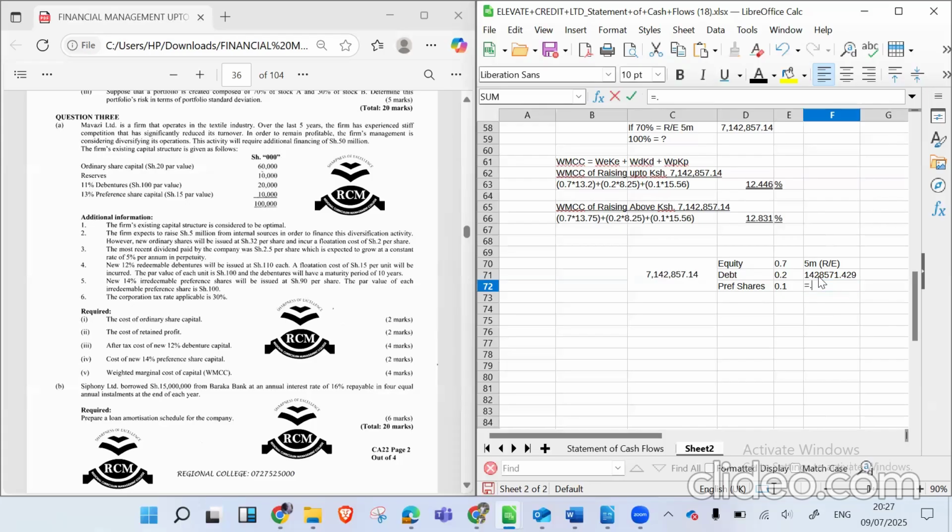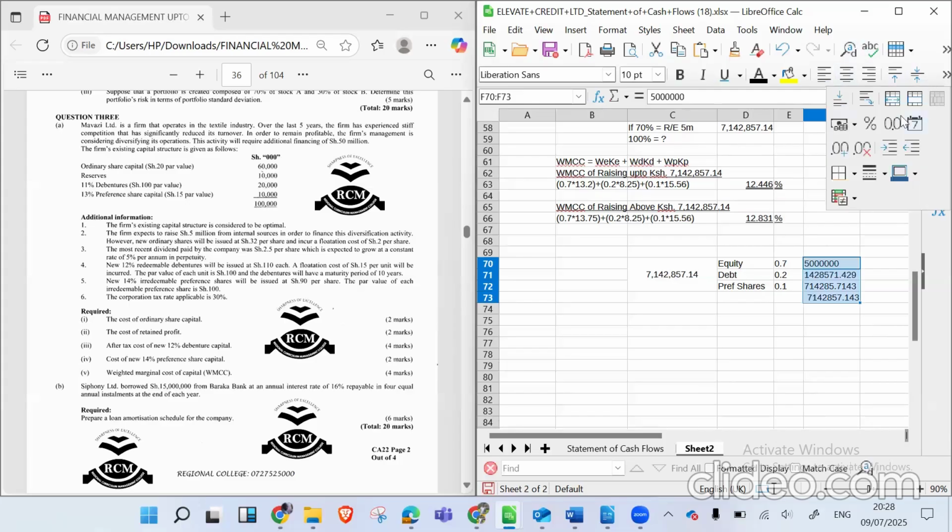And if I do 10% of this, and add all of them, they should give me this figure, the total amount that I'm raising. You see? It's giving me the total, the breakpoint now. 7142,875.